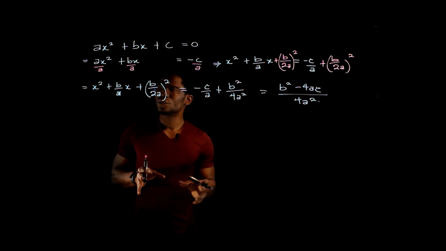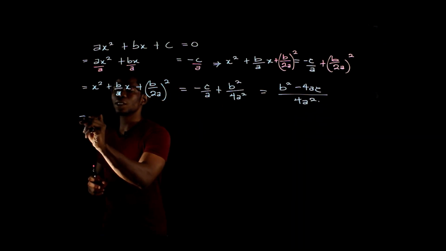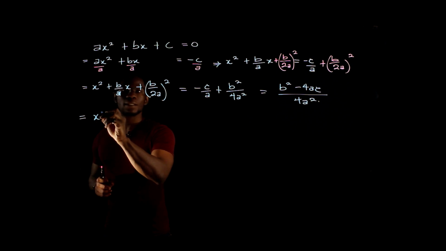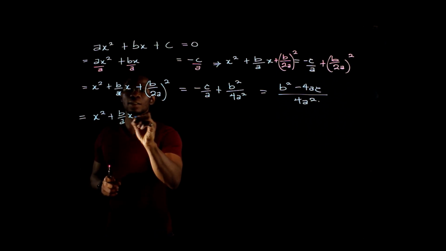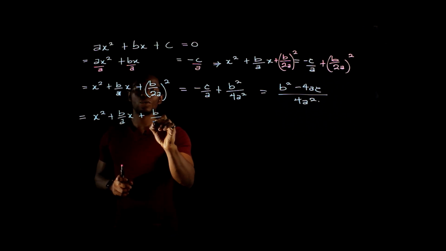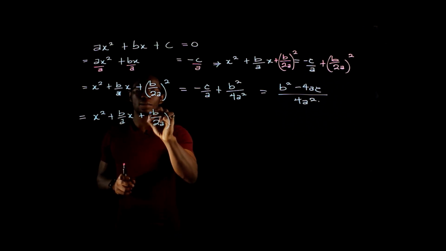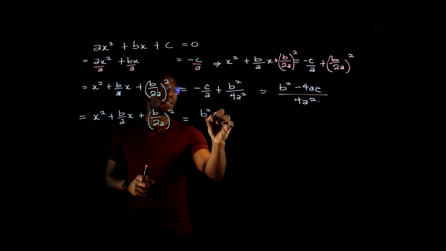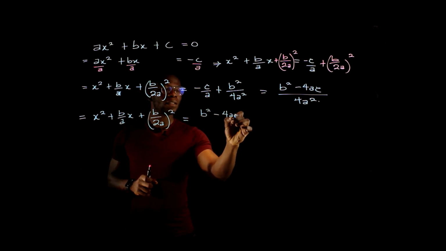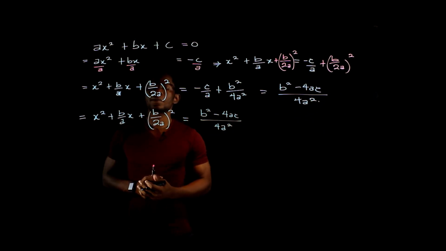So we can continue. Now we can write our equation as x squared plus b over a x plus b over 2a squared is equal to b squared minus 4ac over 4a squared.